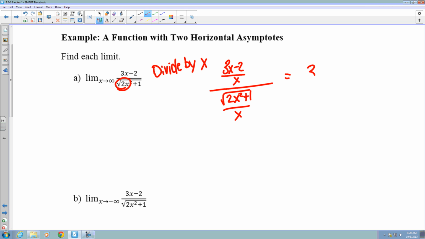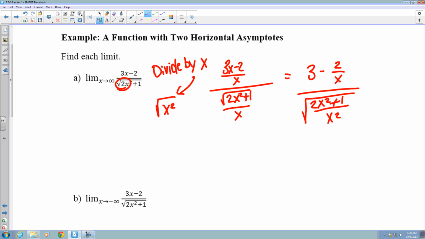Okay, on top we get 3 minus 2 over x. And like I was explaining, we divide by x because this is the same thing as the square root of x squared. So we're actually going to make that into a square root and put it inside here. When we do that, the square root can simplify.